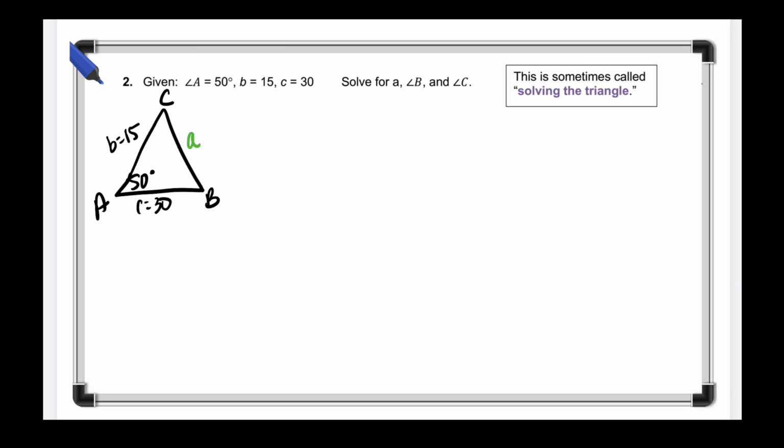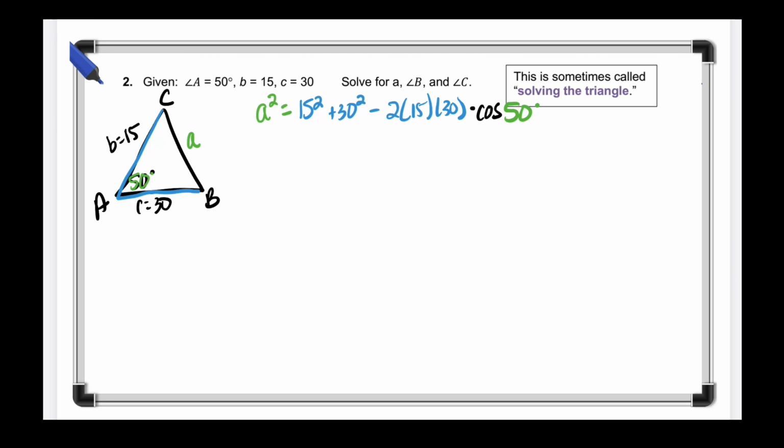The side that is opposite the angle is what we have, A squared here. And then you have your two sides that make up that angle, and that is 15 squared plus 30 squared minus 2 times 15 times 30 times the cosine of angle A, which we know is 50 degrees.